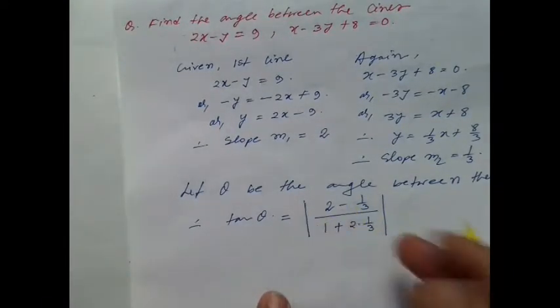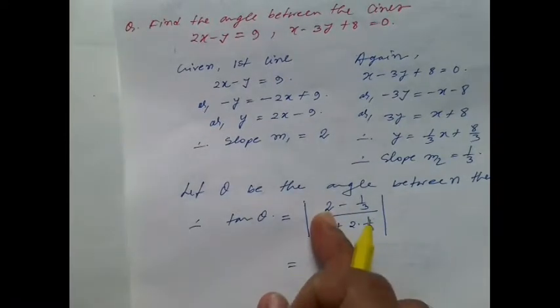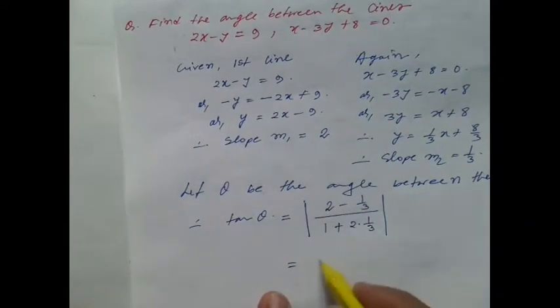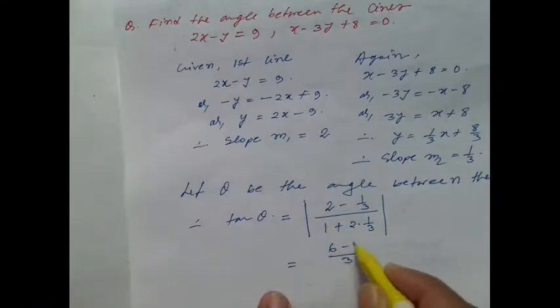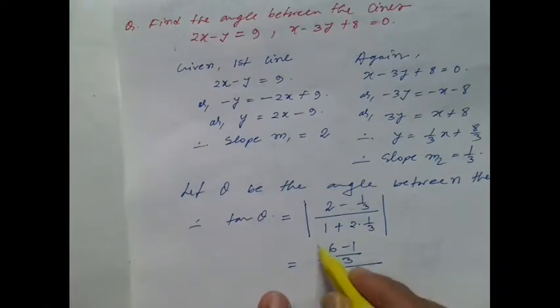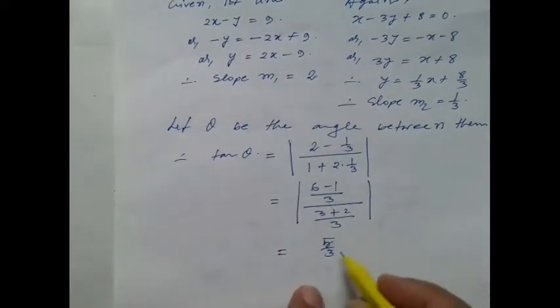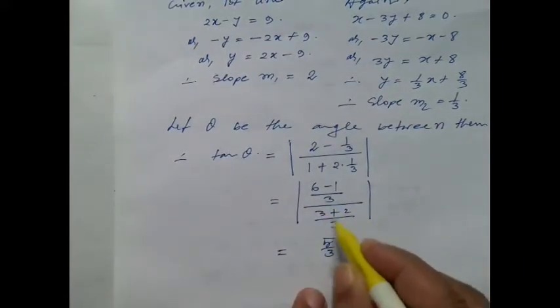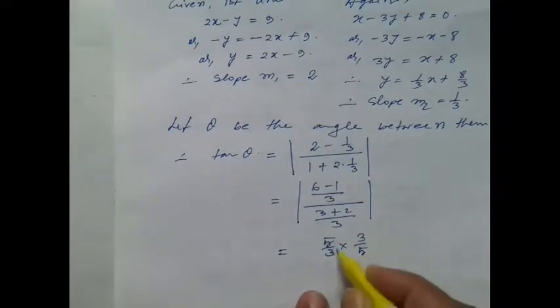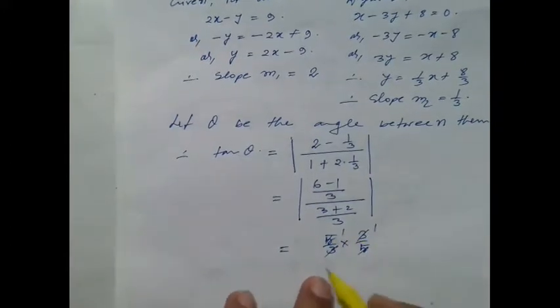Here without mod also we can calculate, because 2 is greater than 1/3. So I take the LCM 3: (6 minus 1) by (3 plus 2). So 5/3, as we are getting plus, I am just removing mod. 5/3 into 3/5, that is 1.